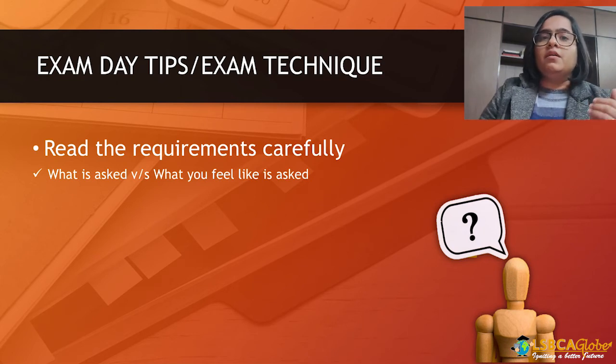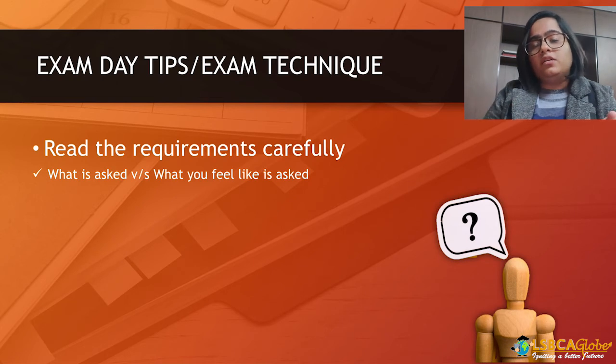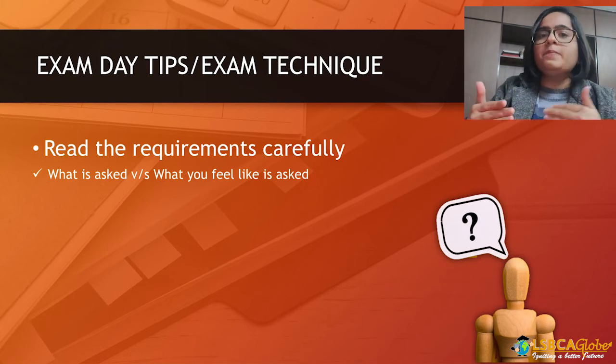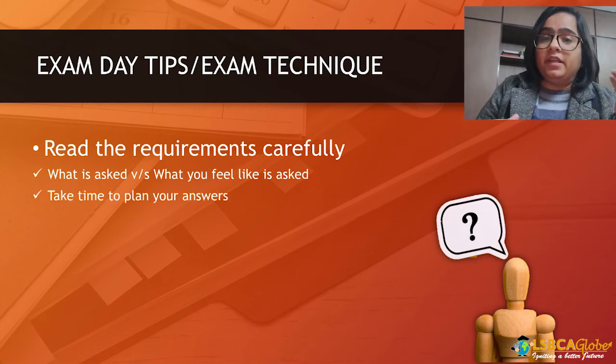So we can make the mistake of jumping the gun, thinking this question is also asking the same thing. Do not fall prey to it. Take your time to read and then plan your answers.